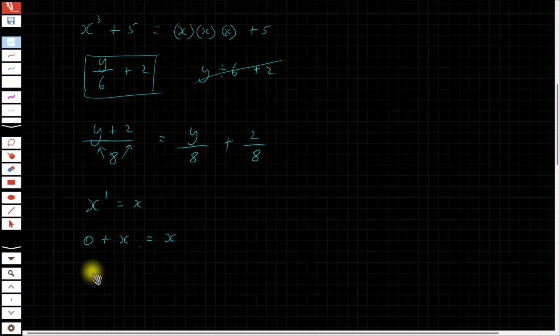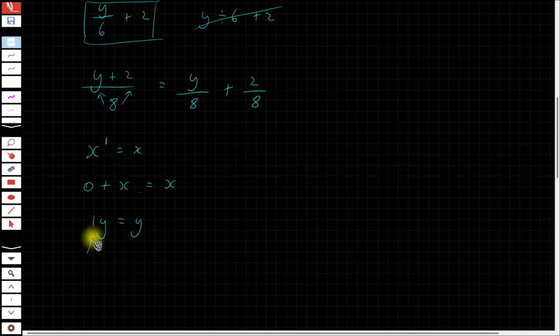And we also have that 1 times anything equals the same thing. We don't normally write the 1 here because it doesn't change anything. Okay, so that completes the lesson on some basic algebra notation.